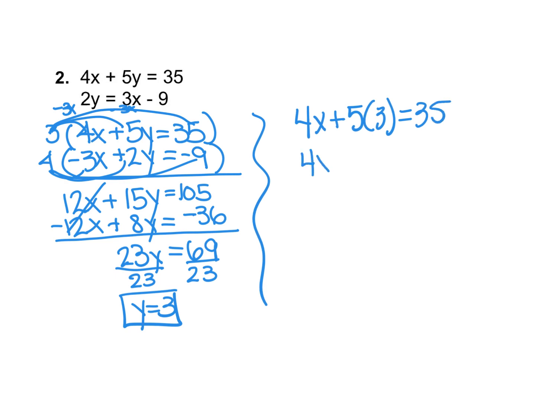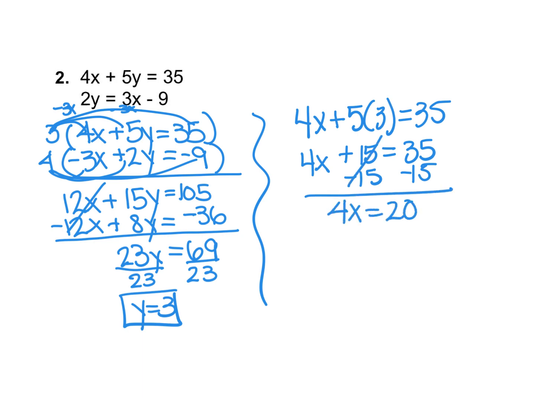So we have 4x plus 15 is equal to 35. We'll continue to solve, and x is going to be equal to 5. So the point at which these two lines are going to cross on the graph is going to be at the point 5, 3.